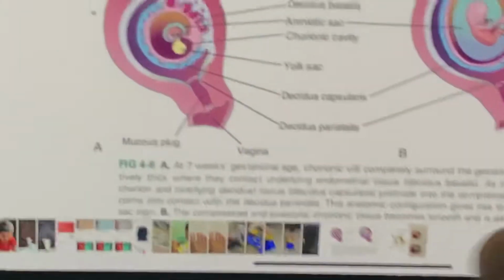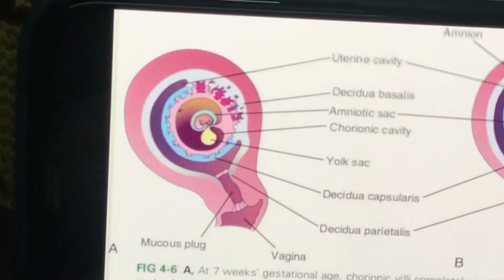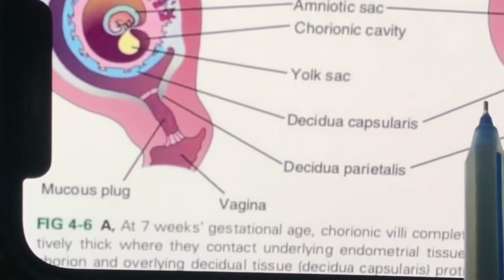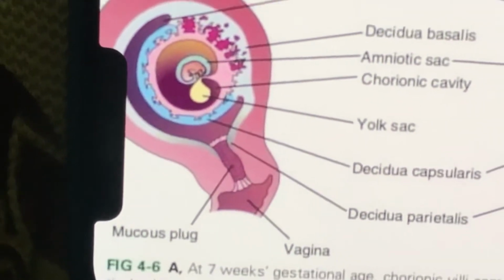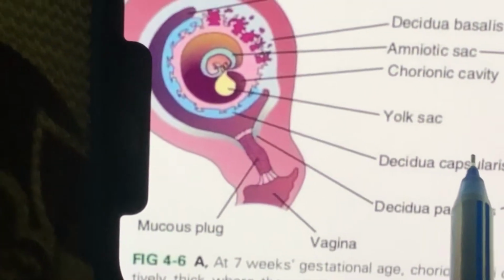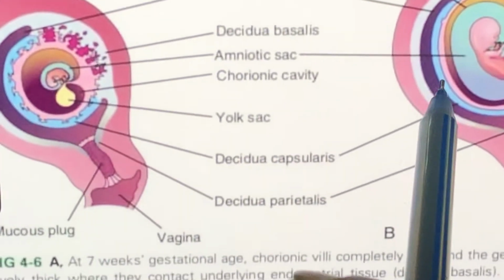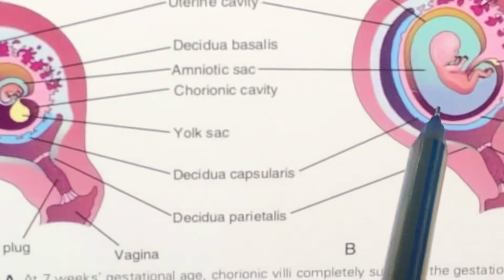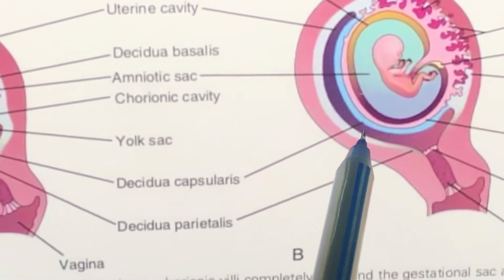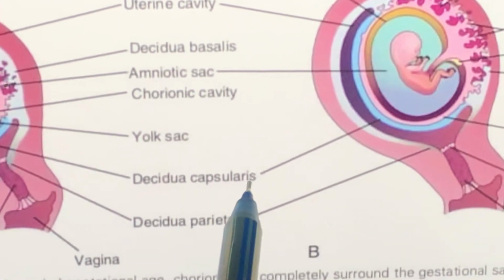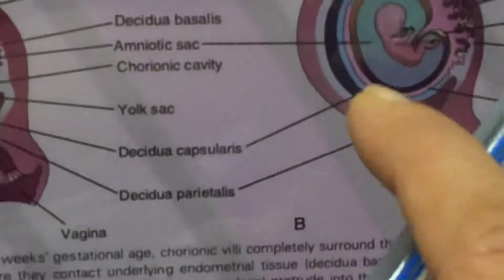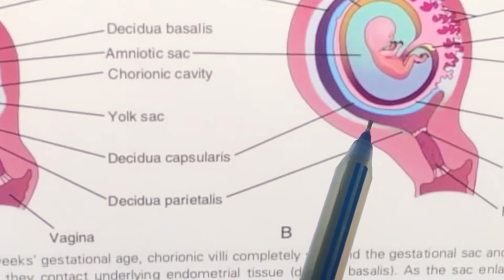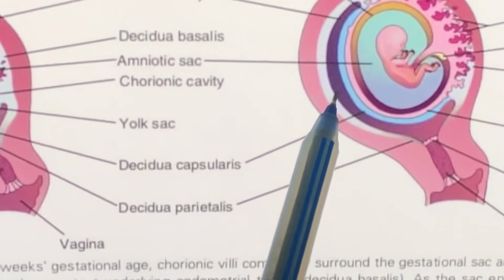The outer surface of the chorionic membrane over here is the decidua capsularis, and the inner surface of the uterine cavity is the decidua parietalis.